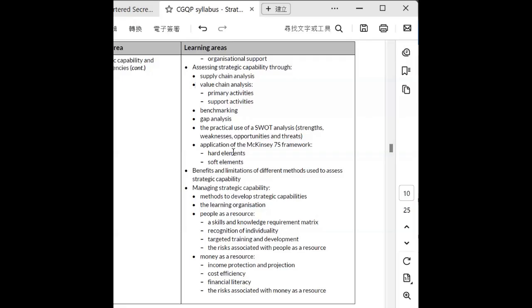The McKinsey 7S, which are the strategy, structure, systems, skills, style, staff, and shared values. So you have to learn all these hard and soft elements of the 7S. I mean, the hard elements are the strategy, structure, and systems, whereas the soft elements will include skills, style, leadership approach, staff, talent, and culture, and the shared values.